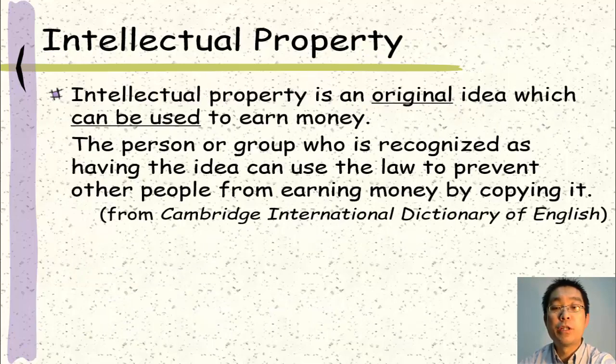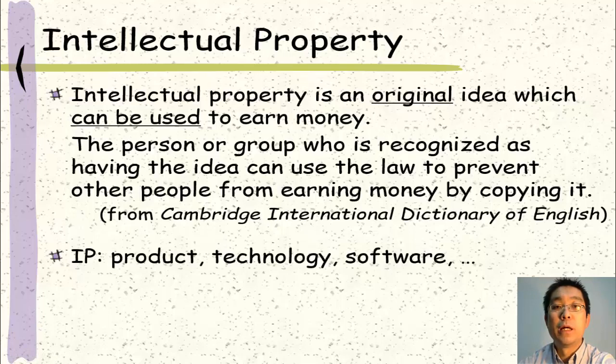According to the Cambridge International Dictionary of English, intellectual property is an original idea which can be used to earn money. Original reflects the novelty of the intellectual property, and the phrase can be used implies the usability of the intellectual property. Examples of intellectual properties are products, technologies, softwares, and so on.